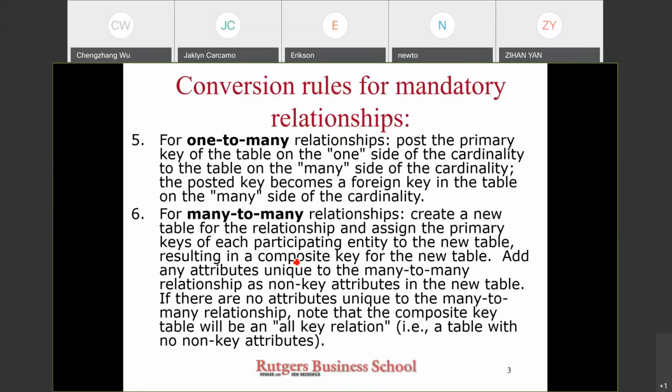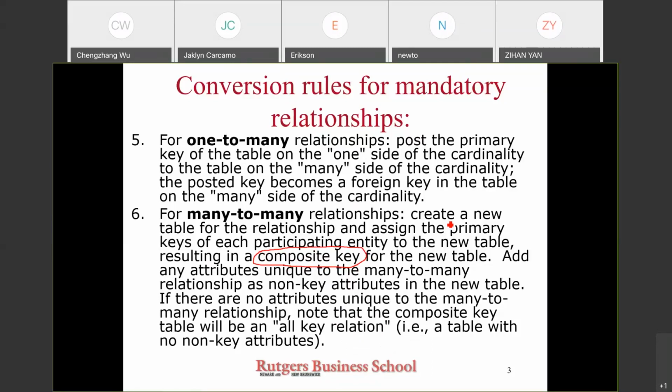If you can recall the composite key, yes, the composite key is used right here. So a quick review. What is composite key? Composite key, well, it is similar to the primary key.